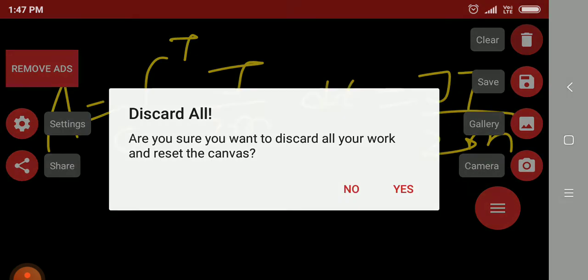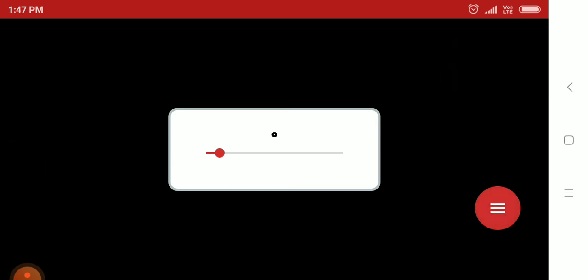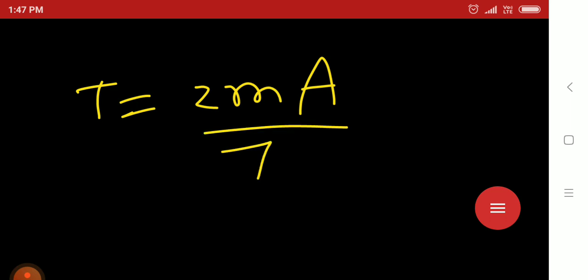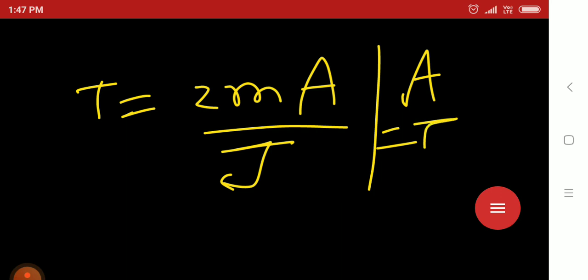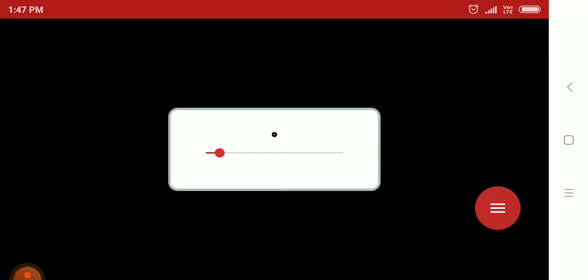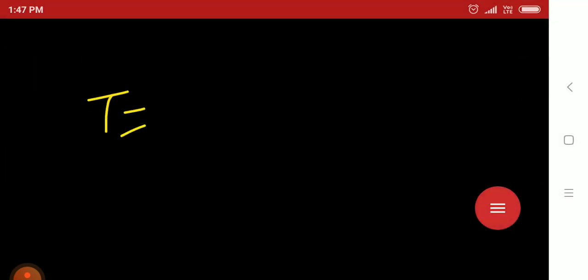So T equals 2m into A by j. Now the area of an ellipse is pi a b. So we are getting time period equals 2 pi a b m by j.